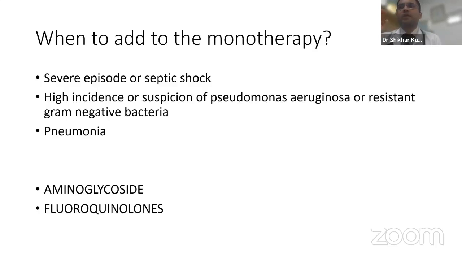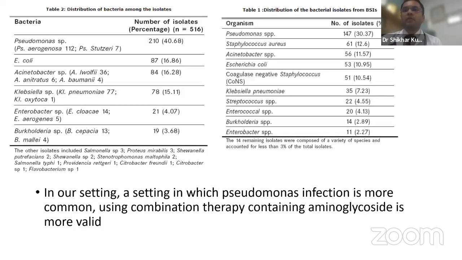After a few months, we should look at our own blood culture data and look at the resistance patterns, see how many MDR bugs we are growing in our cultures, and decide on our antibiotic policy. And whether to use a monotherapy, whether to use a combination therapy, we can get this answer only once we look at our own resistance patterns.